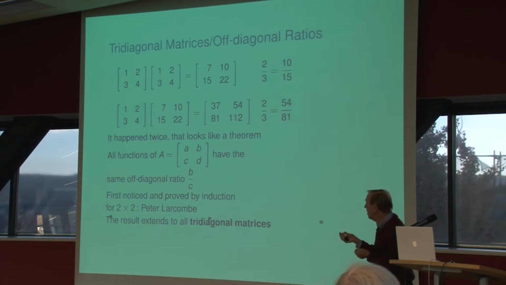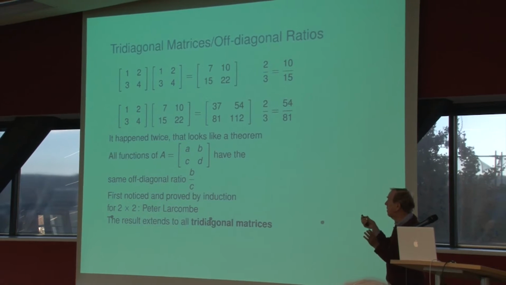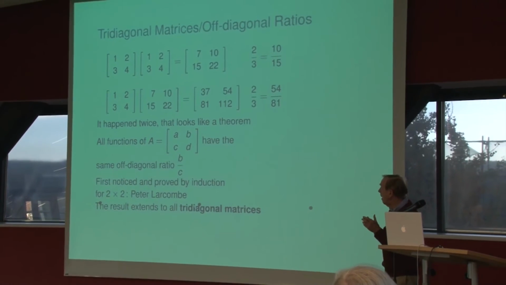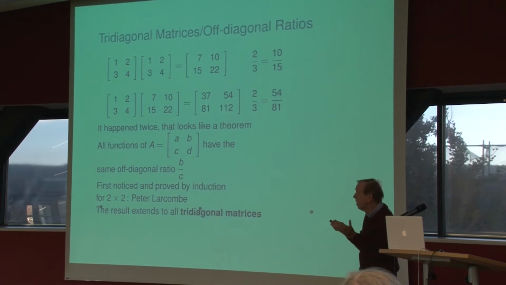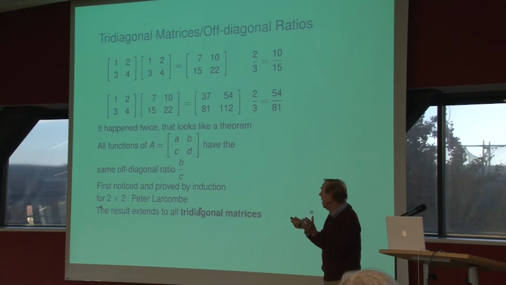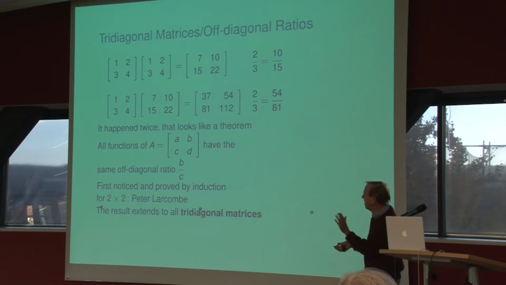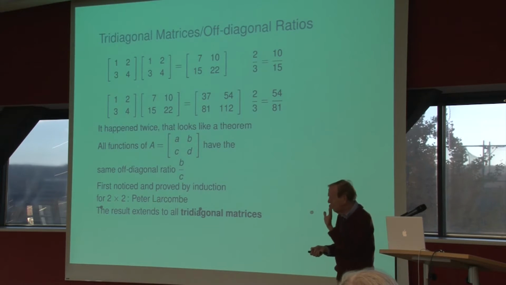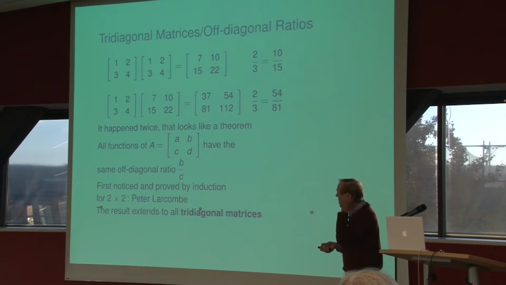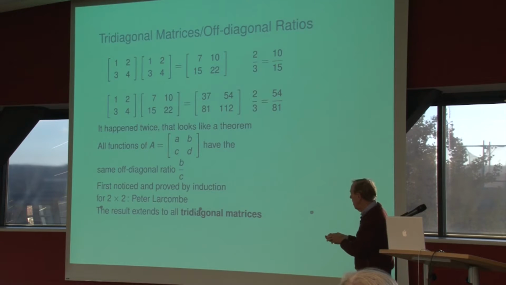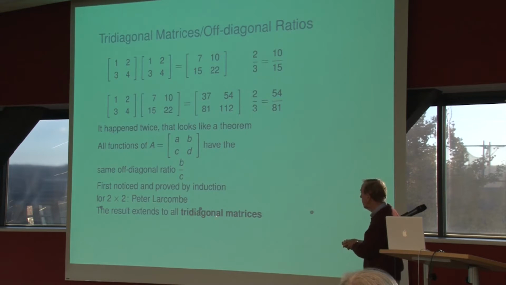And then it's natural to ask, what about bigger matrices, bigger than 2x2? It doesn't work for 3x3 matrices unless they are tridiagonal. It turns out tridiagonal is perfect. The tridiagonal is such a cool property of matrices. So it wasn't any serious difficulty to extend this result to tridiagonal matrices.